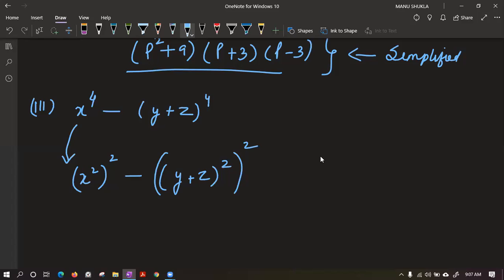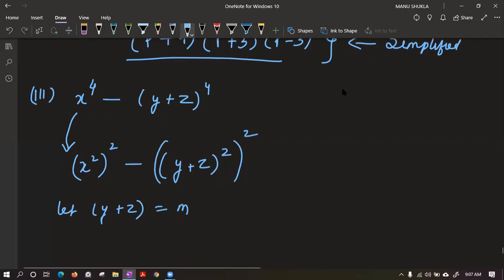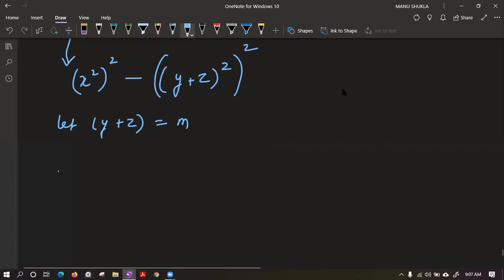Now what we can do is we can assume, let y plus z equal to m. We can take y plus z as m. Now the question becomes easy. We can say it is now x square whole square minus m square whole square.